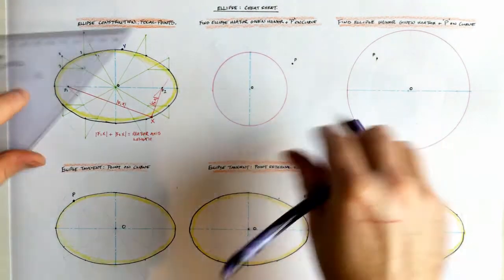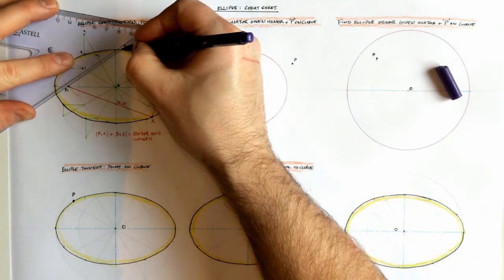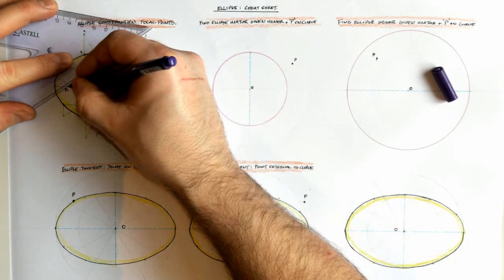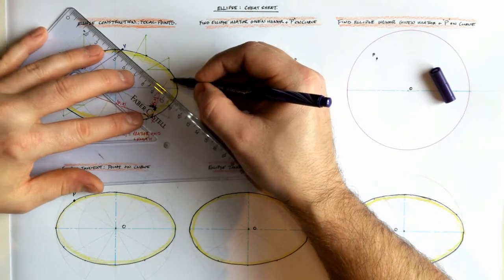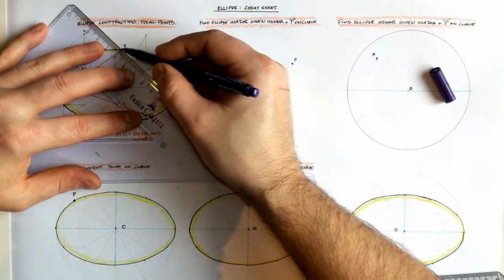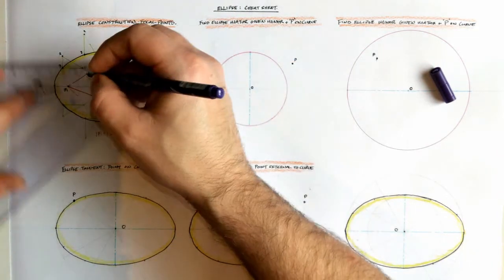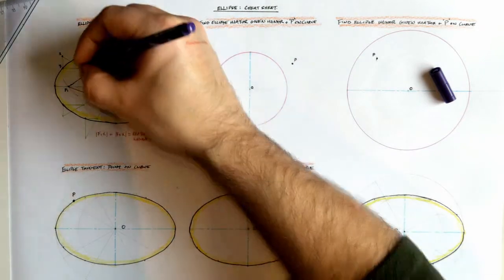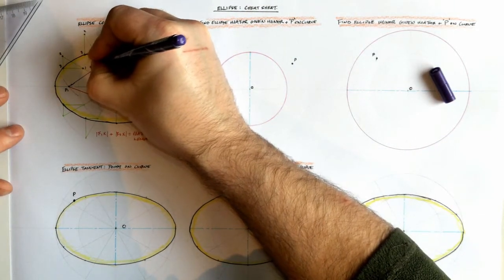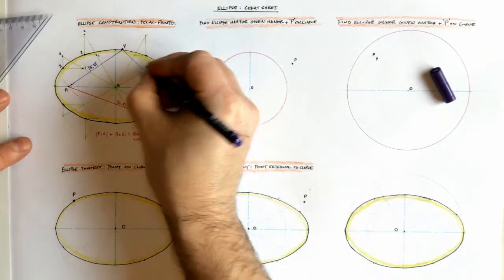If I join Y back to F1, and if I join Y back to F2, I have F1Y and F2Y.